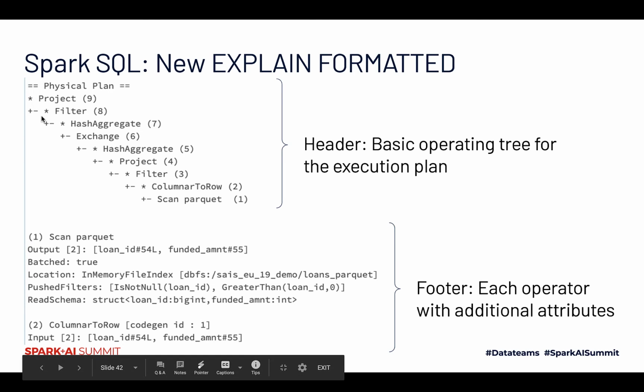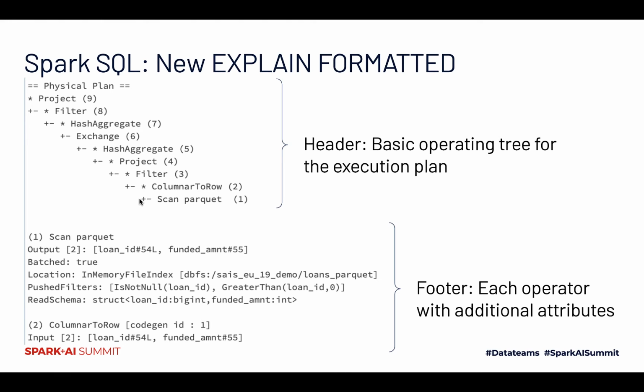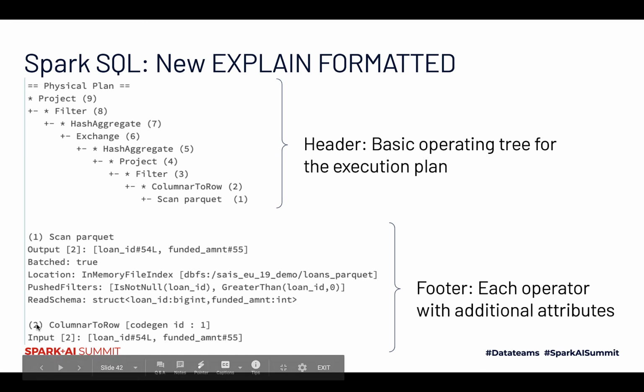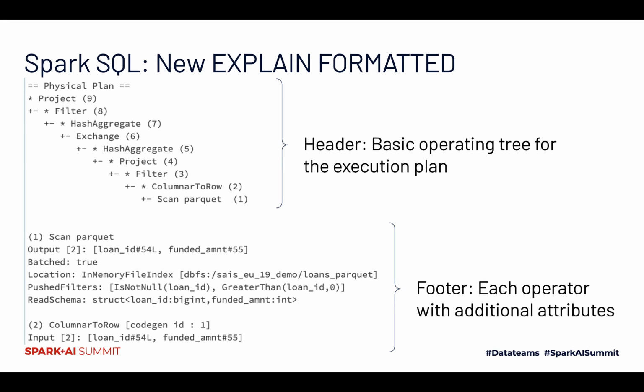So you can see the forest through the trees at the top, get a sense of the overall query, and then as you want to navigate this and get more detail, you can come down and look at each individual row. This allows us to provide a lot more information and a lot more detail in the explain plan without causing this unwieldy level of nesting when we're looking at really, really large queries.